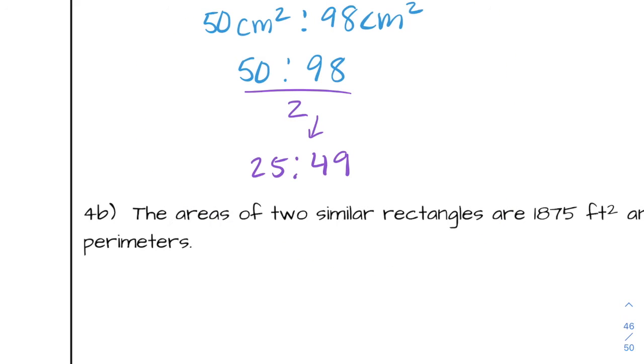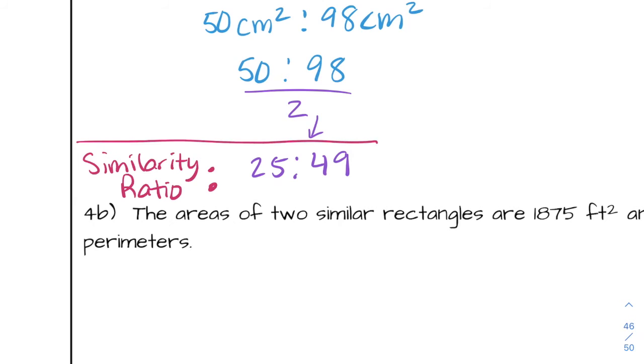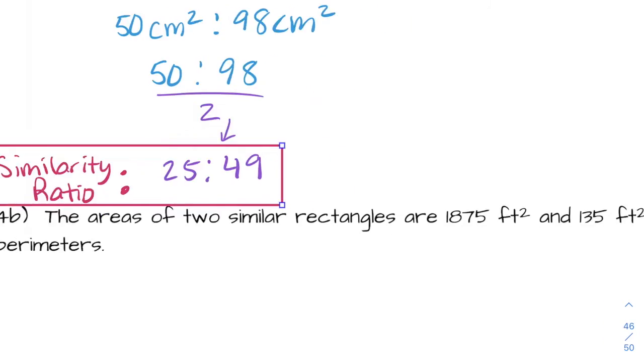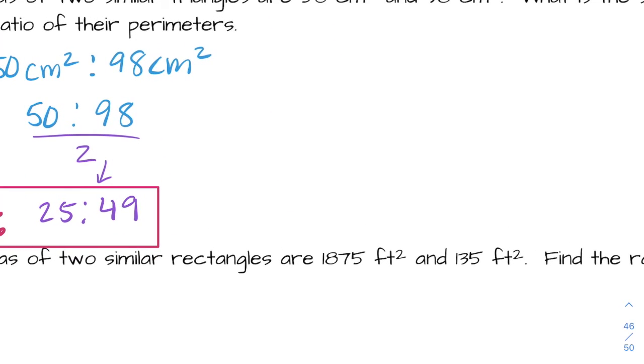So your similarity ratio is 25 to 49. Now, what's the ratio of its perimeters? This is really cool. Watch this. The ratio of perimeters.